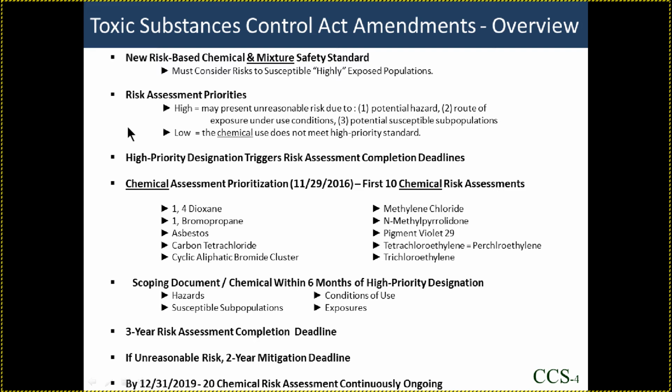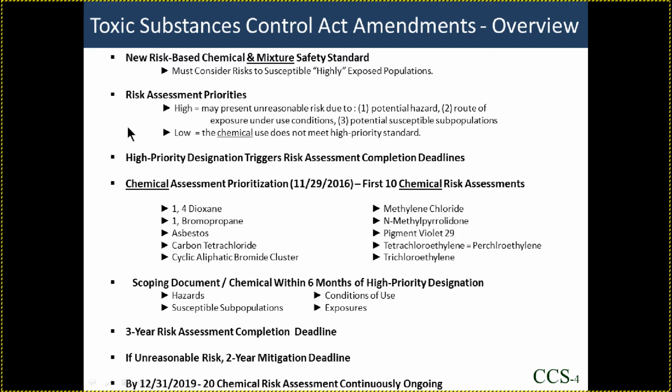One of the steps after they do the prioritization, then they have to publish a document that says, here's the scope of information we're looking at. And they have to complete that scoping definition within 6 months of its original designation as a potential high priority.